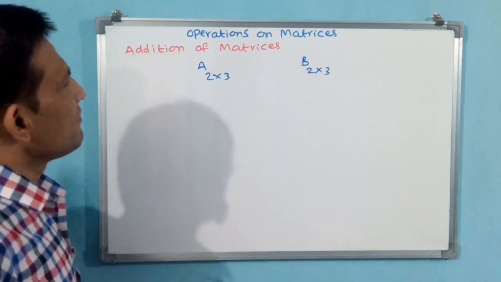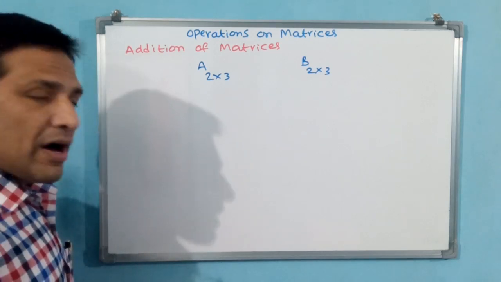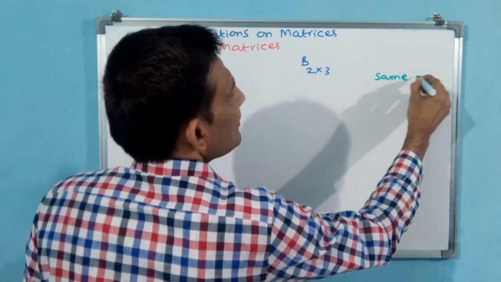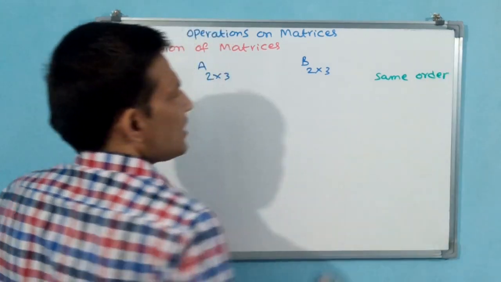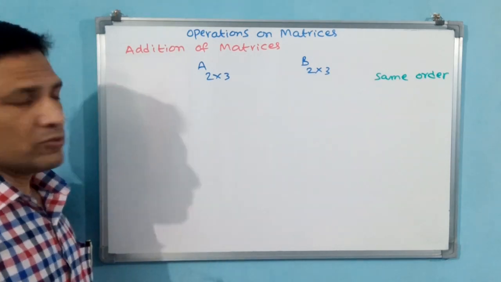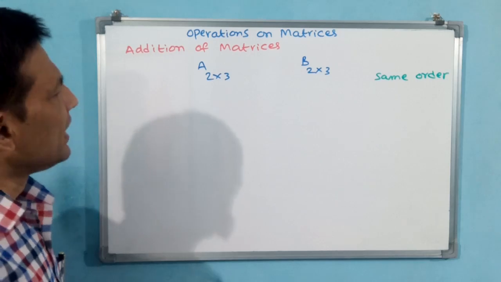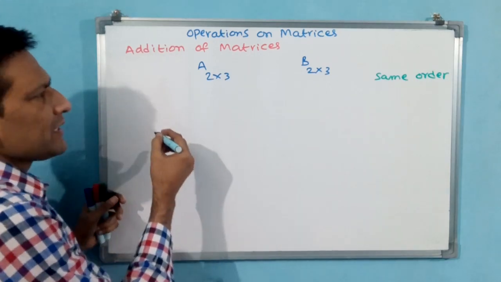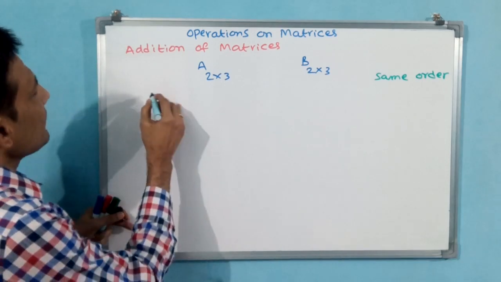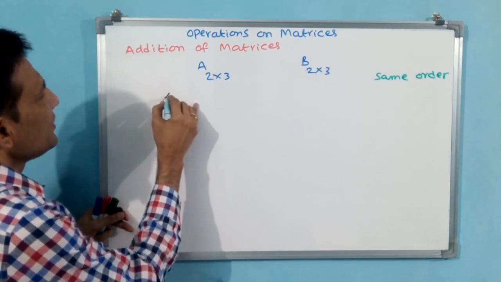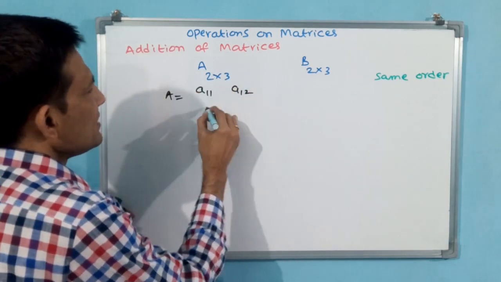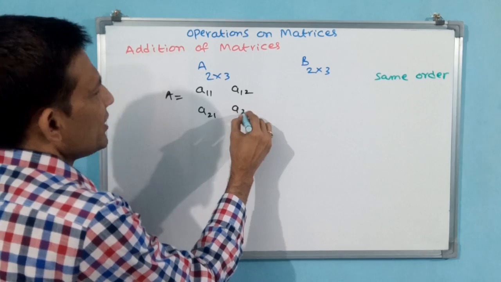You see, addition of matrices, I already said same order. You have to keep this in your mind: both matrices should be of same order. Then only you are able to add, or else you are not able to add. Let us see. Two matrices I am taking, not 2 by 3, not bigger, I will take 2 by 2. Let A is equal to A11, A12, A21, A22.